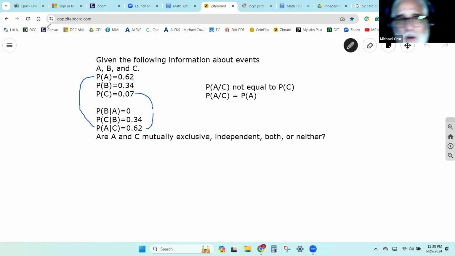All right. Let's see if I can go back. Okay, so the choices were: A and B are mutually exclusive; A and C are independent.